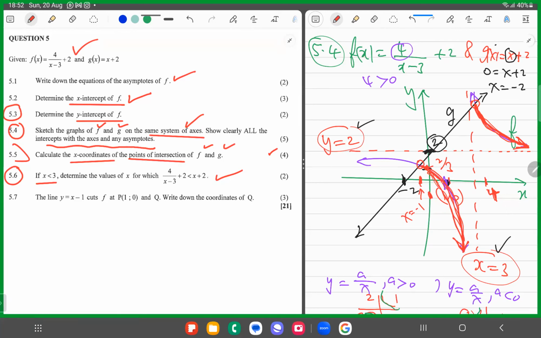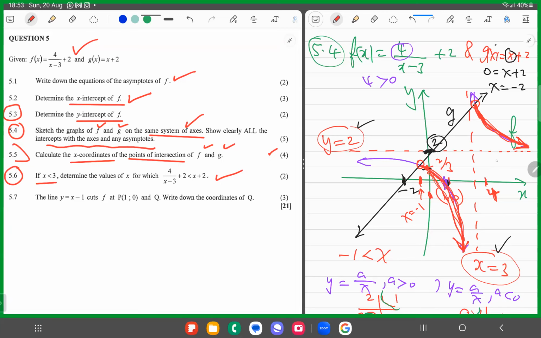We need to describe the answer. For what values of x is this the case? We can see immediately at this point, look at this carefully. So it's when x is bigger than minus 1. So we start from minus 1. From minus 1, we go on.